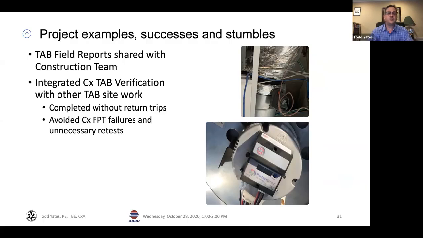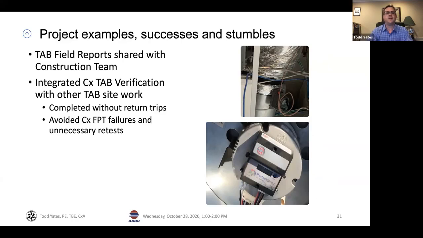It didn't change the way we balanced it. It didn't change our airflow readings. It didn't change any of those things, but simply by having the discussion and changing the way we documented it, that helped the report on that project be accepted without questions about, well, what do you mean here?